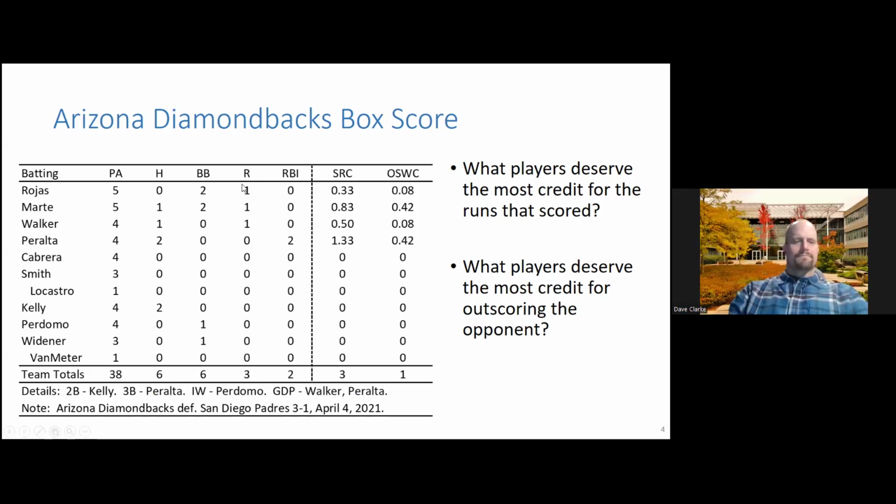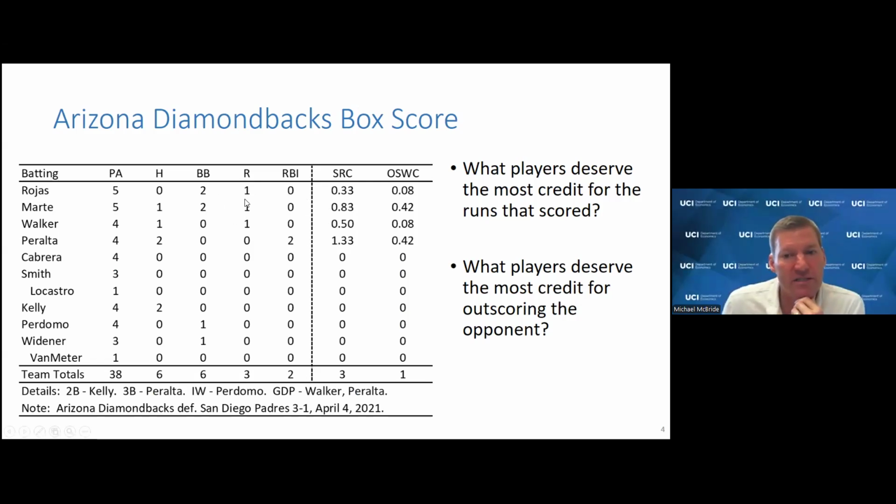The idea, as I explain, is not that you should get half credit for every run and half credit for every RBI. Basically, you should get about a third credit for every run, about a third credit for every RBI, and about a third credit for all the times you do things that help your teammates score, but for which you're not given a run or RBI.